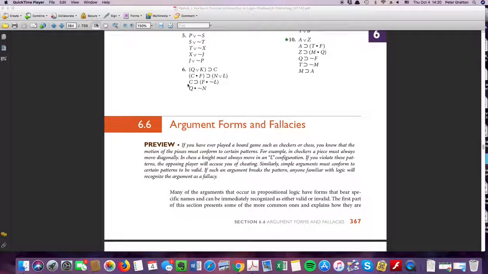We're going to take up the last part of Chapter 6, which begins on page 367 in the 12th edition of Hurley's Concise Introduction to Logic.